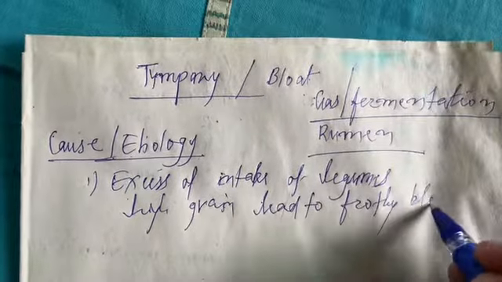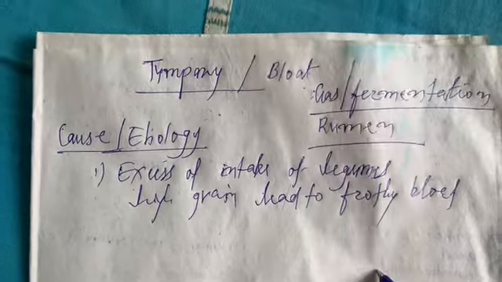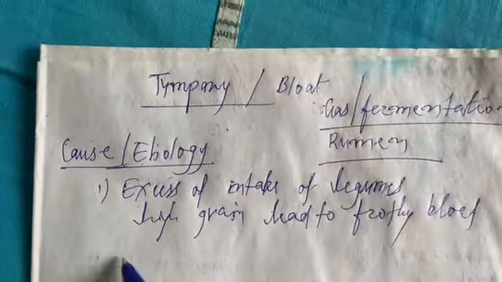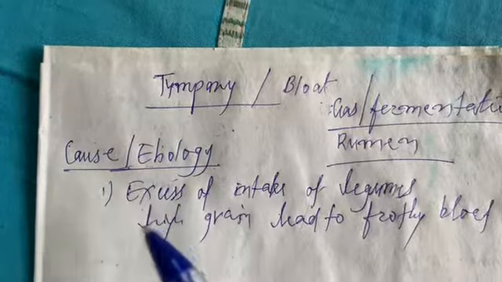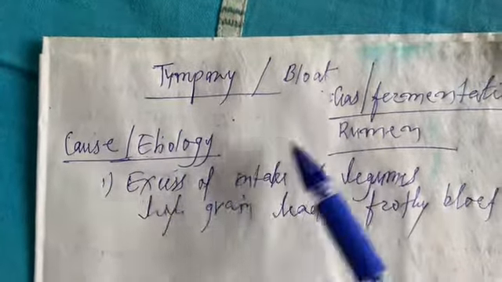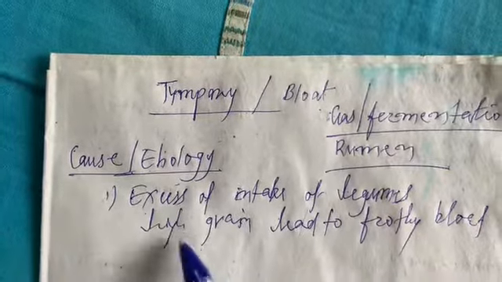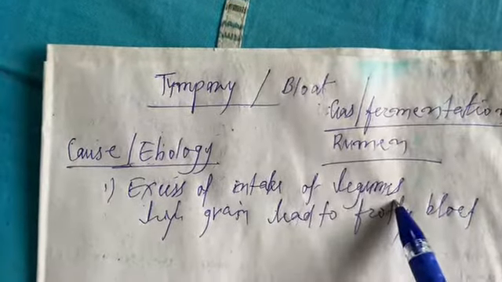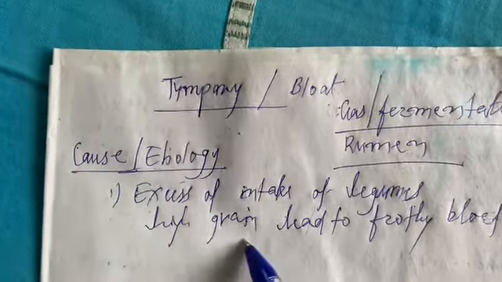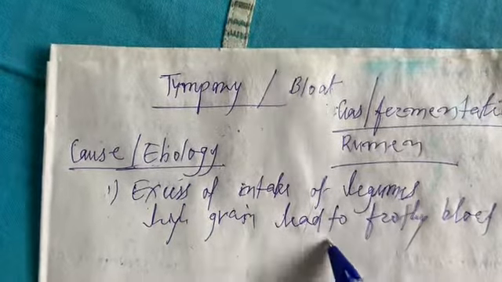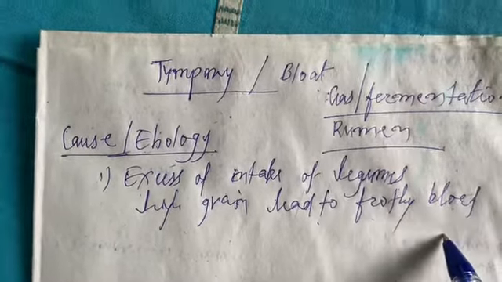This is the first cause of this disease, tympany or the bloat. It may be caused by excess intake of legumes and feeding of high grain, leading to frothy bloat in the rumen.